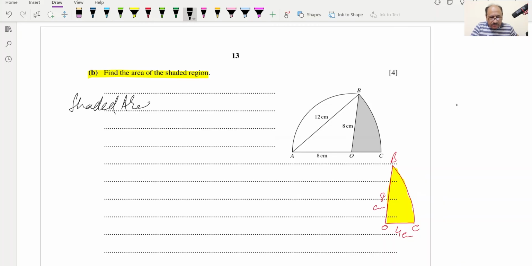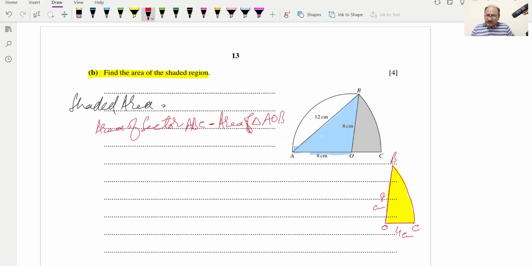Shaded area will be the area of sector ABC, meaning this whole area of this sector, minus the area of this triangle, which is triangle AOB.